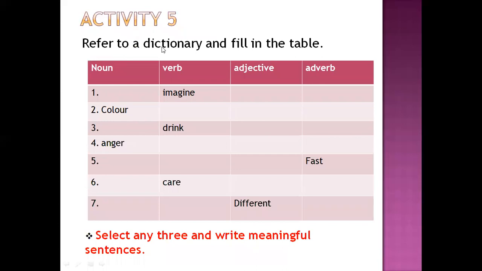So you have to go through the dictionary and find out the other forms of the given word. That means I have given a word. So you have to find out the other word classes of the given word.